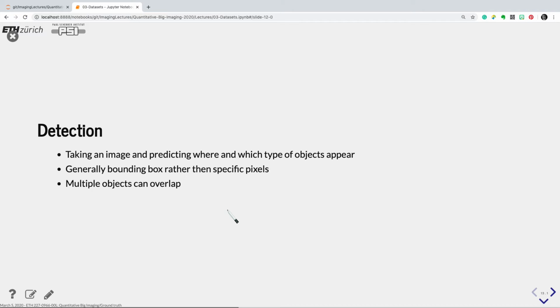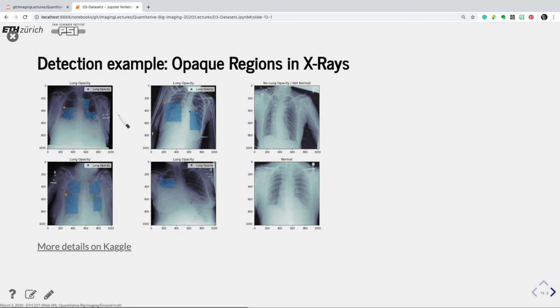And also multiple objects, so if two planes are going across each other, you can also separate them from each other. So here is a case of the lungs, where we look at the lung opacity, and from that make some conclusions.